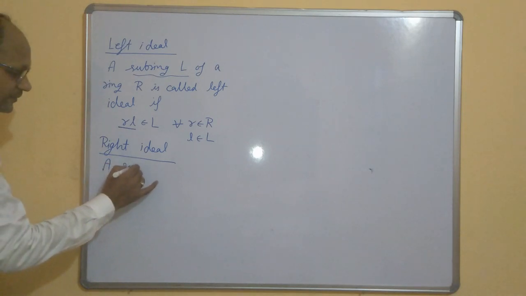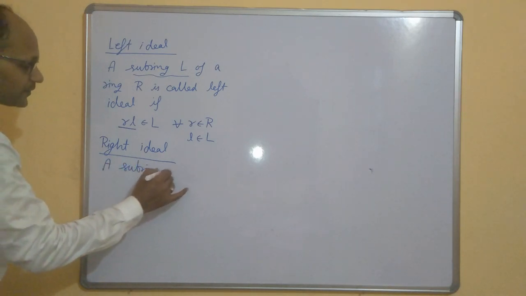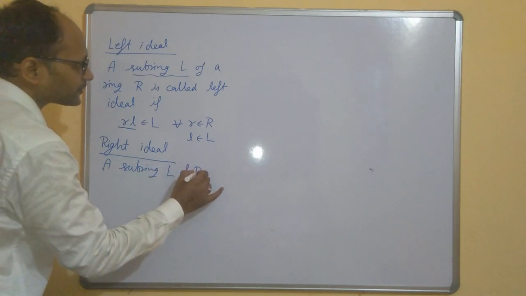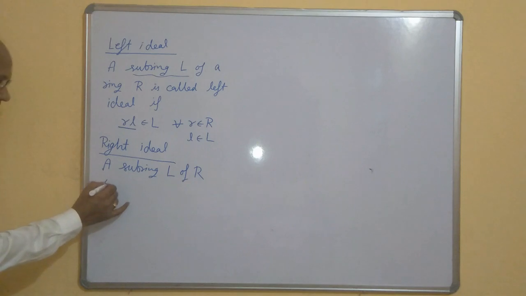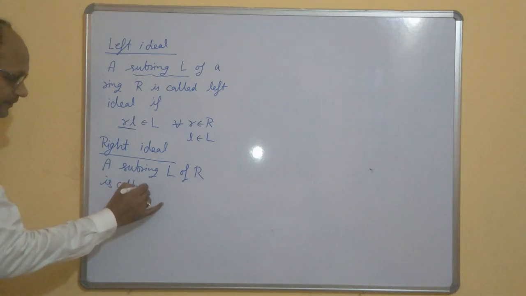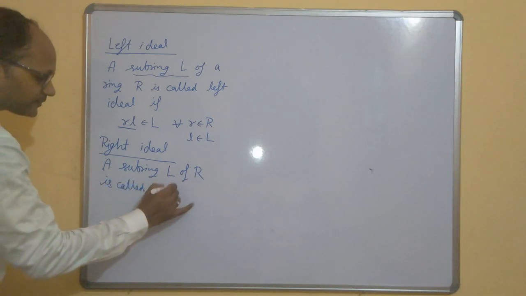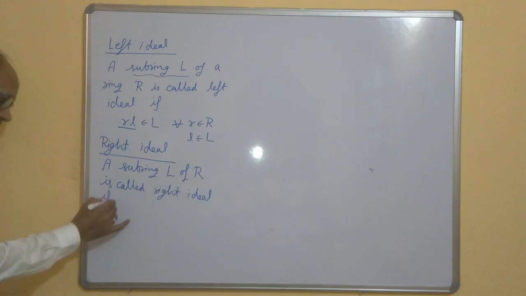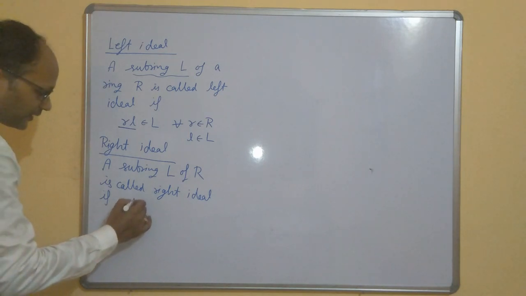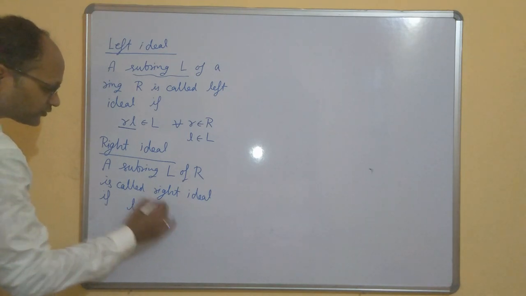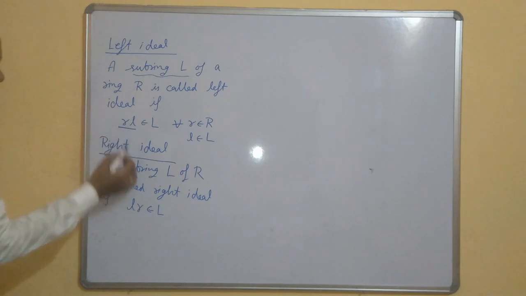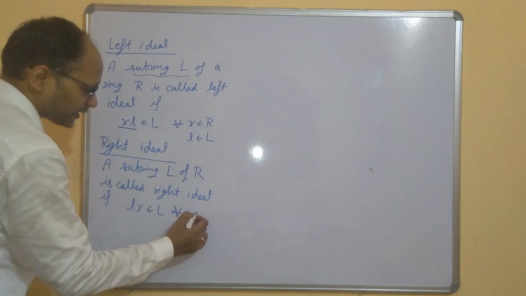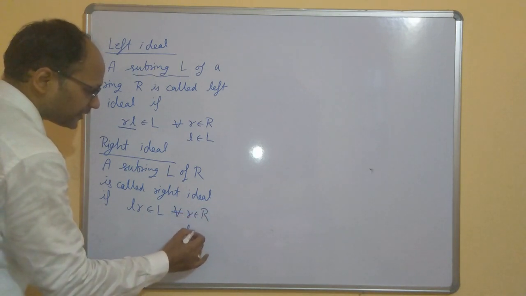A subring L of R is called right ideal if lr belongs to L. So there is a multiplication of the ring, for all r in R and l in L.